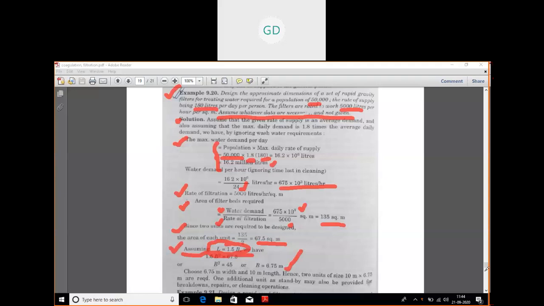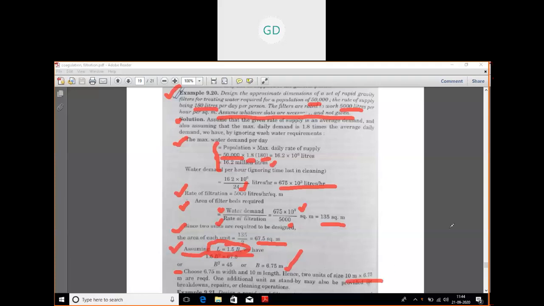It is written here: choose 6.75 meter width and 10 meter length. Hence, two units of size 10 meter by 6.75 meter are required. So this is the answer.